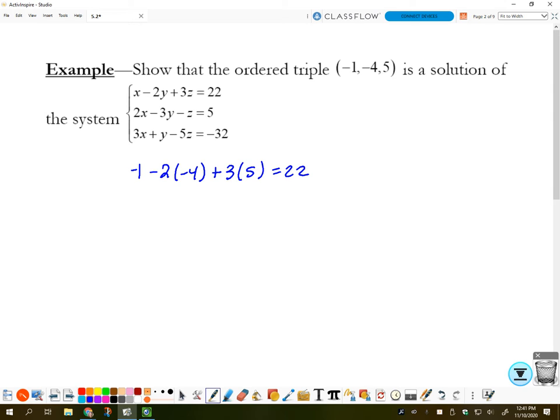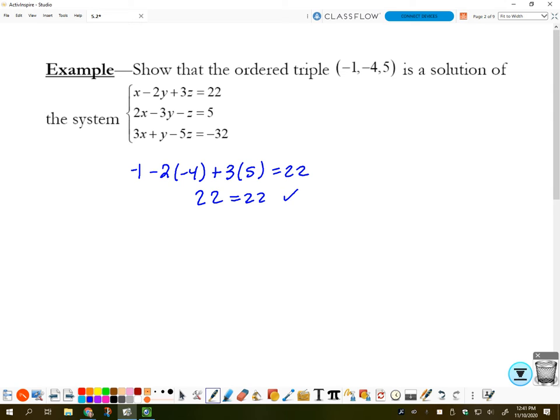So let's see, we do negative 1 minus 2 times negative 4 plus 3 times 5 in our calculator. I apparently can't type because my calculator says you can't do that. Okay, so you do get 22.